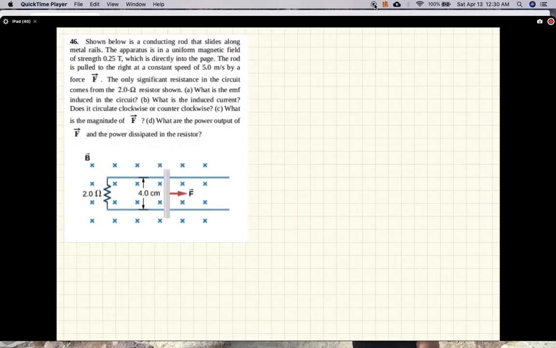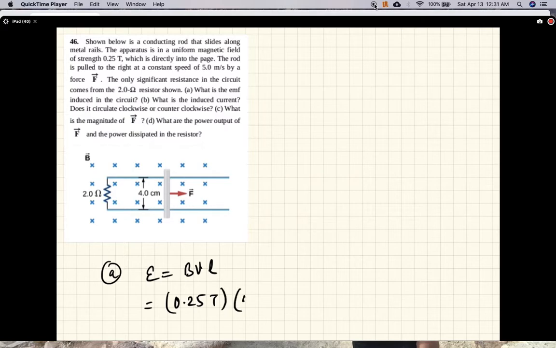So the induced EMF is again BVL, and L is just this portion of the rod, the portion that's part of the circuit. All right, so B is 0.25 Tesla.